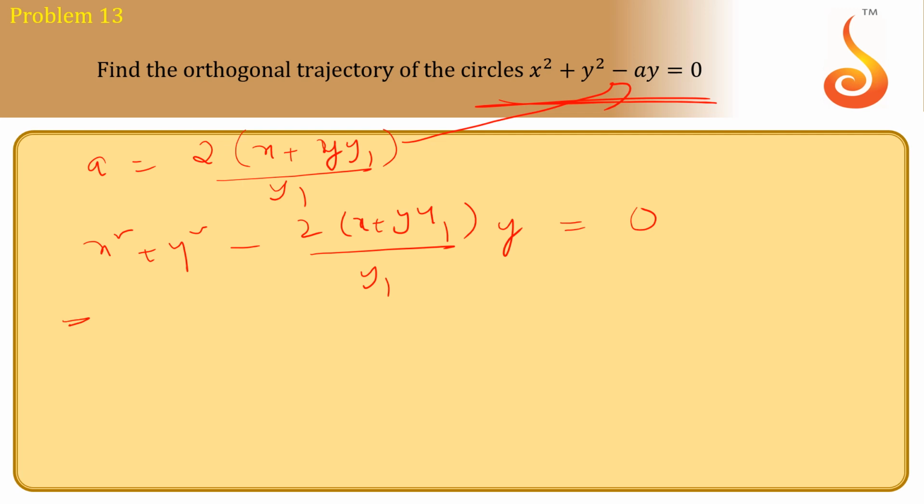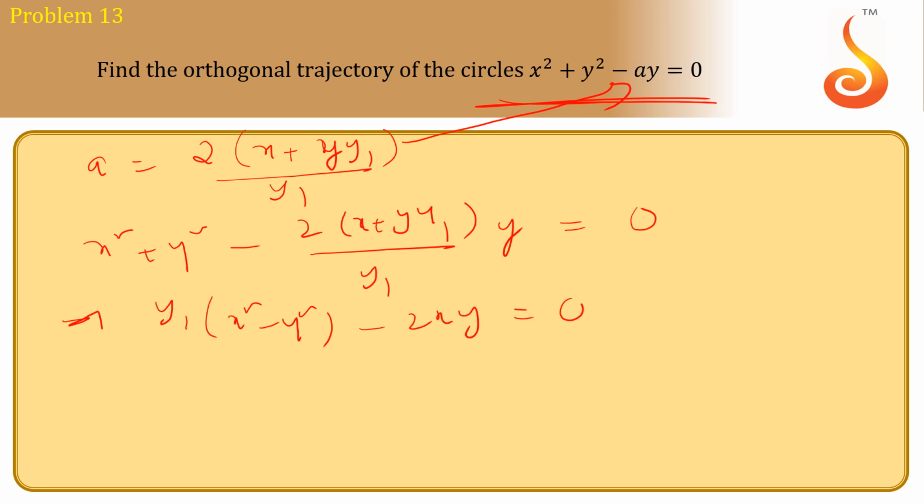Then if you simplify, x square y1, so what will you get if you simplify, y square y1? If I take y1 common, I will get x square minus y square here and 2xy.